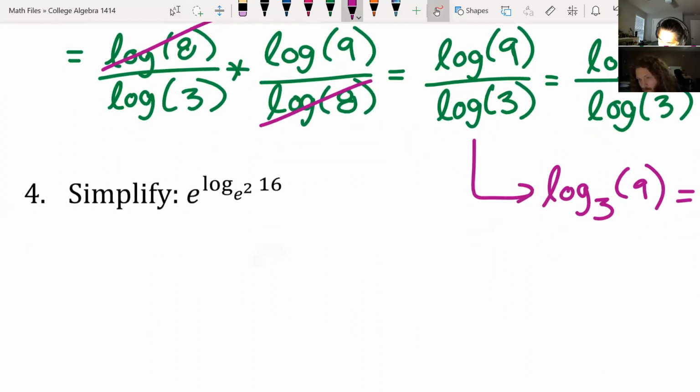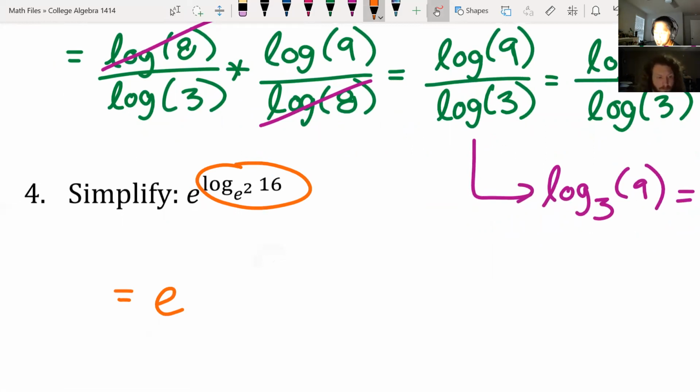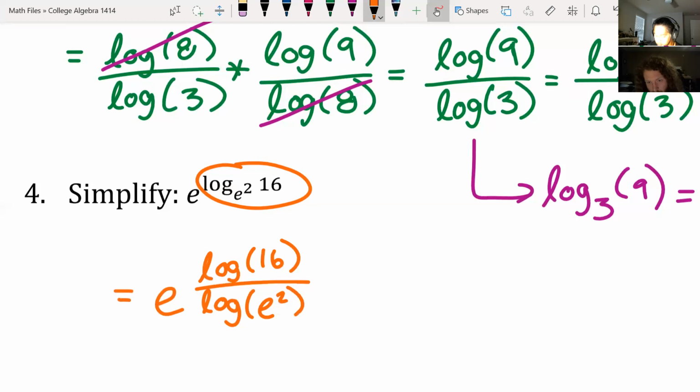So we're going to focus on the exponent first. So you're going to get e, and what we're going to do here is change a base. So you're going to get log 16 over log of e squared.